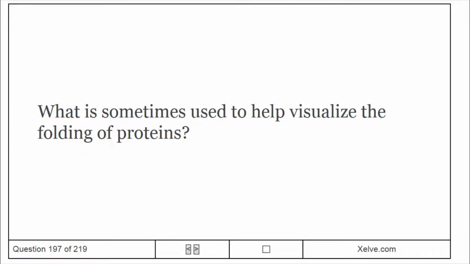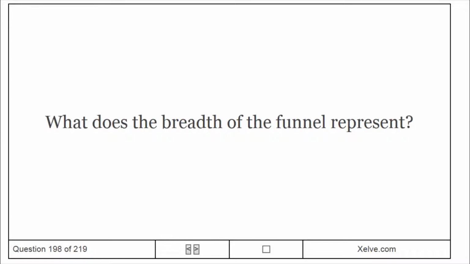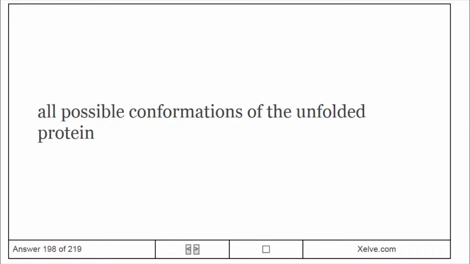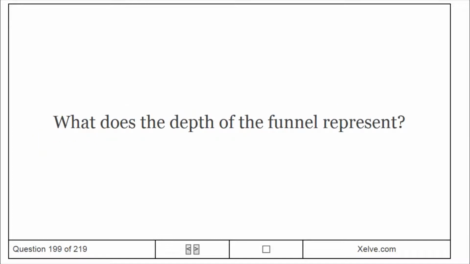What is sometimes used to help visualize the folding of proteins? The folding funnel, or energy landscape. What does the breadth of the funnel represent? All possible conformations of the unfolded protein.